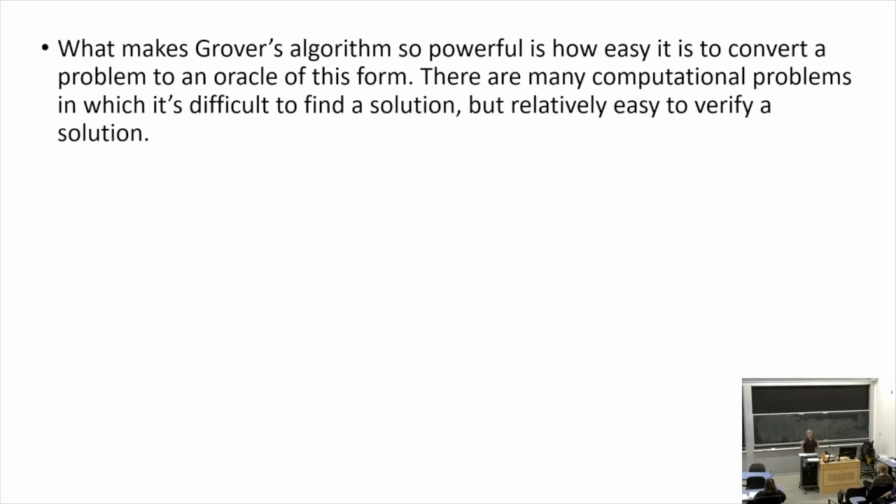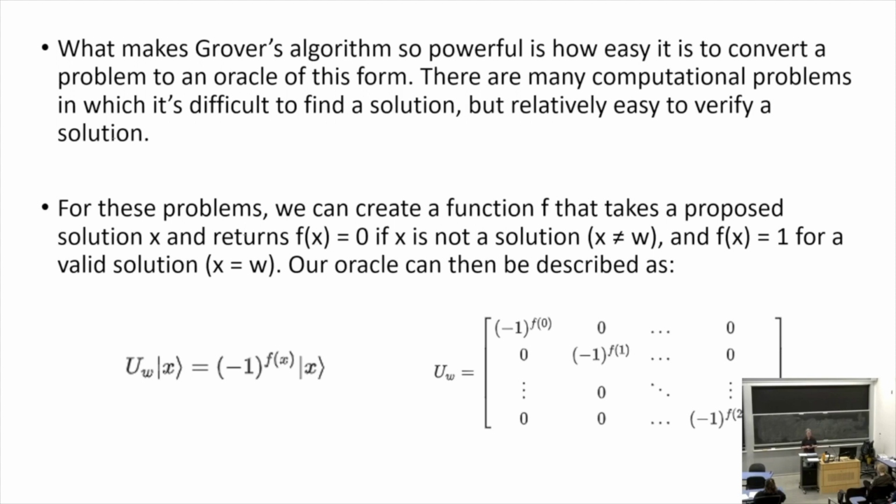And this is what makes Grover's algorithm so powerful, and what makes many algorithms that use the phase kickback so powerful: how easy it is to convert a problem to an oracle with this sort of form. There are lots of computational problems in which it's difficult to find a solution, but relatively easy to verify the solution. For those problems, we can create a function that takes a proposed solution and returns f of x equals 0 if x is not a solution, and f of x equals 1 for a valid solution.